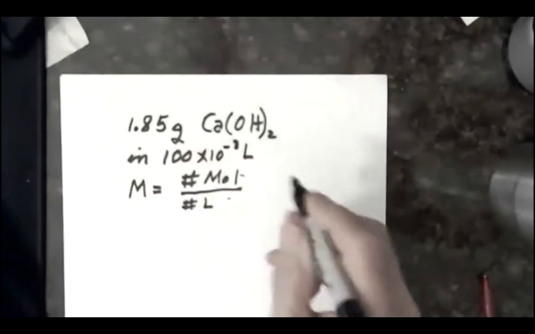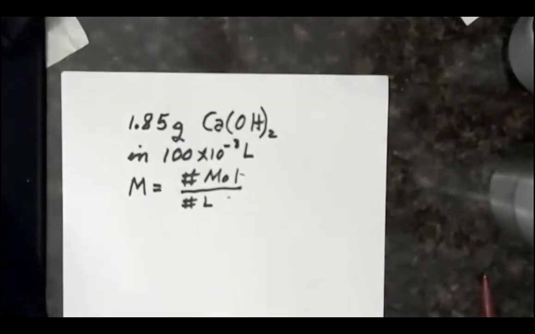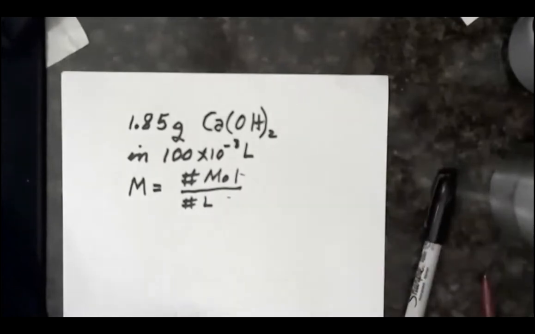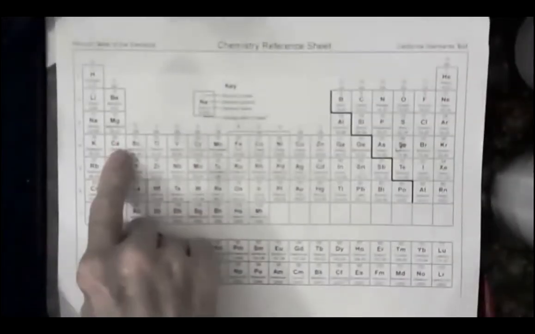All right, so we've got 1.85 grams of calcium hydroxide. We've got 1 calcium. The atomic weight of calcium is 40. The periodic chart is right here. Calcium is right there, so it's 40.08.